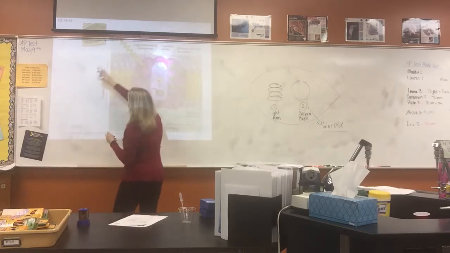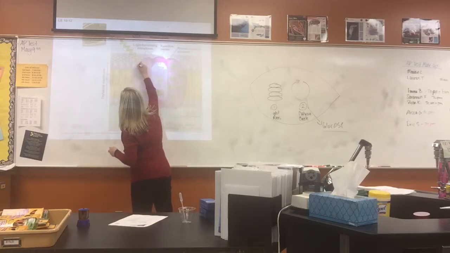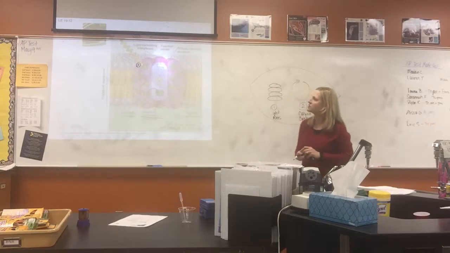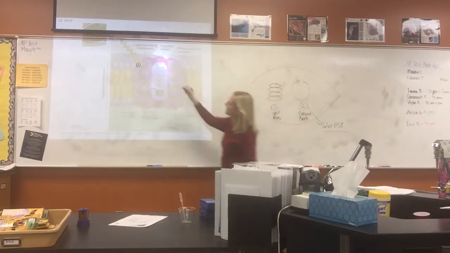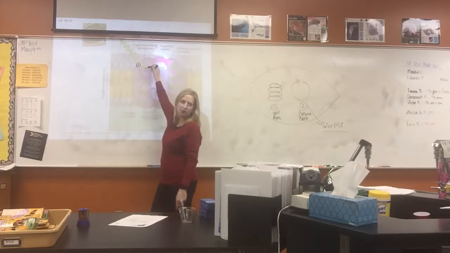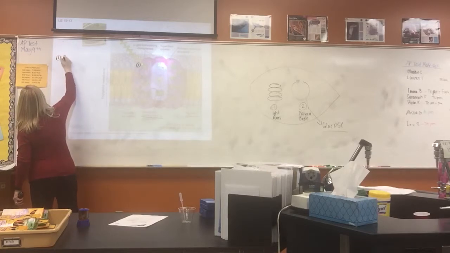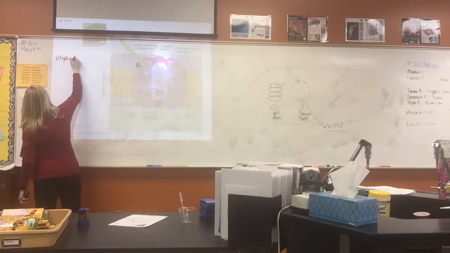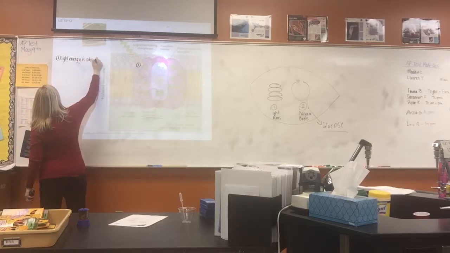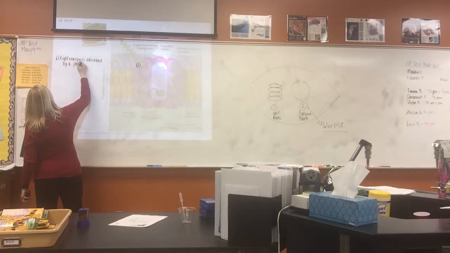I'm going to write down some steps so that later, when you look at this, you can remember what this picture was telling you. Step number one: light is coming in, and the light is absorbed by what? What's this green thing? A pigment. So step one: light energy is absorbed by a pigment.